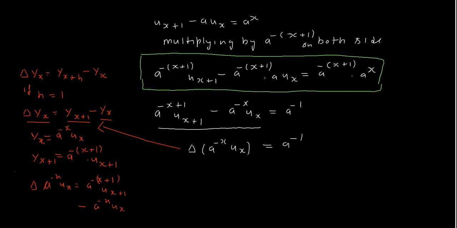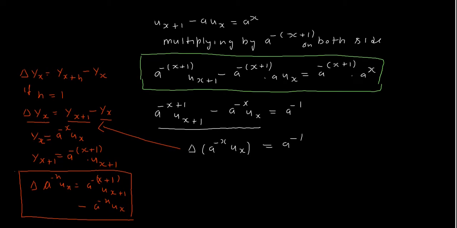So using this result, we may write delta of a to power minus x u(x) equal a to power minus 1.